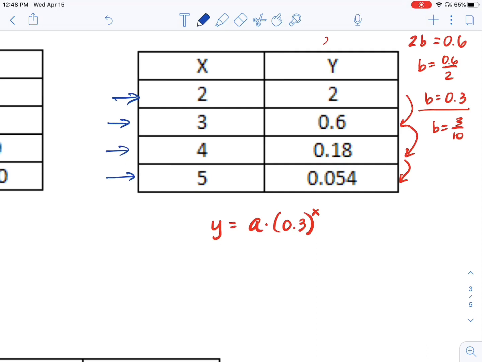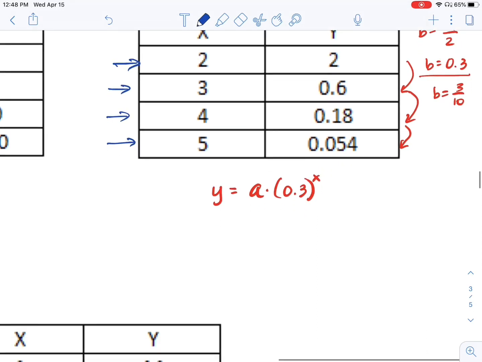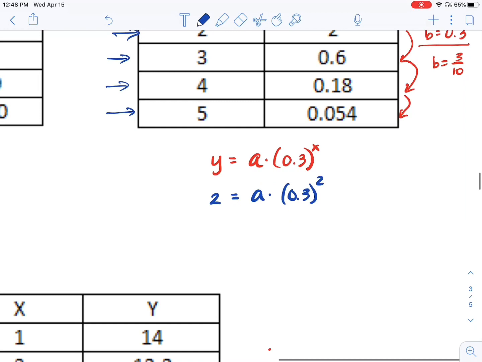I'm going to pick the first one just because it's easy. 2 is equal to a times 0.3 to the second power, or 2 is equal to a times 0.09. Therefore, a has to be 2 divided by 0.09.